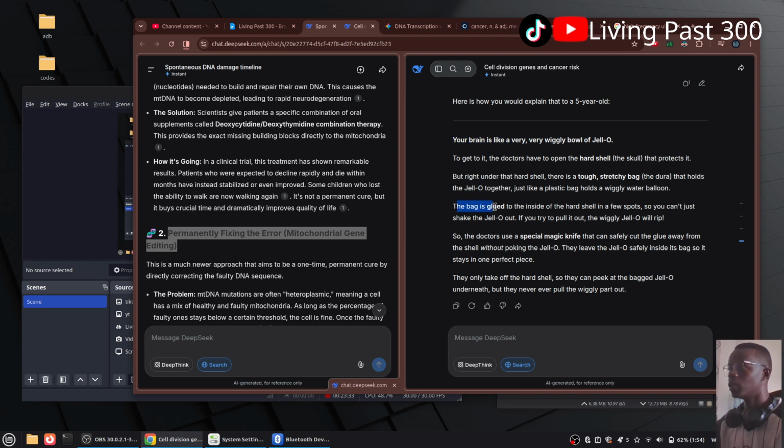So this bag, our dura mater, is glued on some spots to the hard shell, which is the skull. So you can't just shake the brain out. You have to cut it.